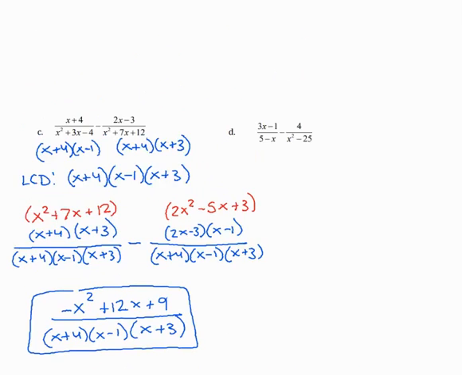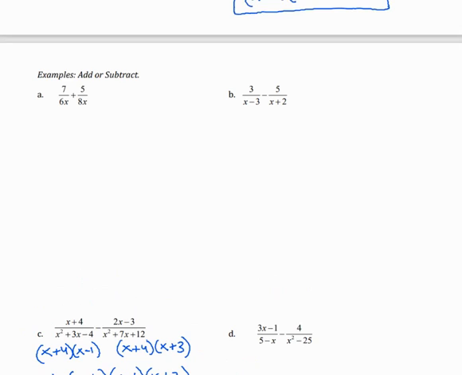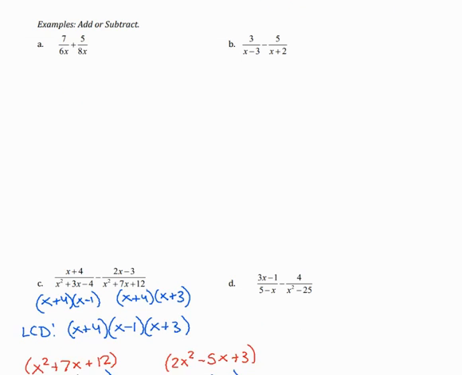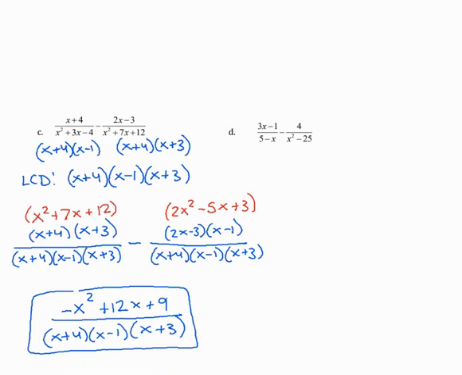Okay? So again, when you're adding and subtracting with different denominators, we find our common denominator, we adjust our numerators, simplify those numerators, and then combine. If you can, always try to simplify.